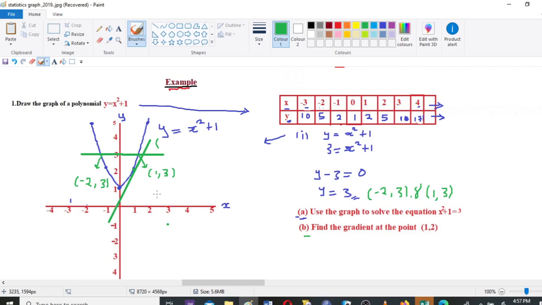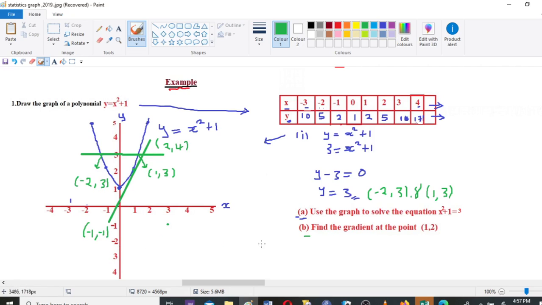In this case, I've put it at 2, 4 on this side, and downward it is ending at negative 1, negative 1, so that I can now use these two points to calculate the gradient.